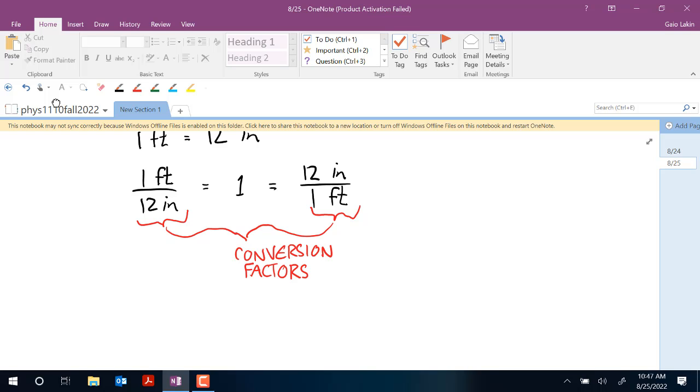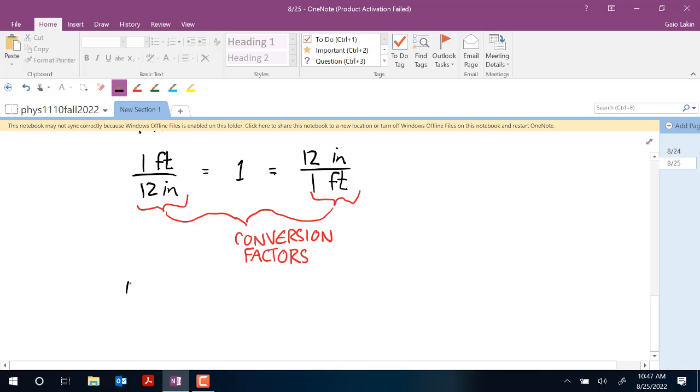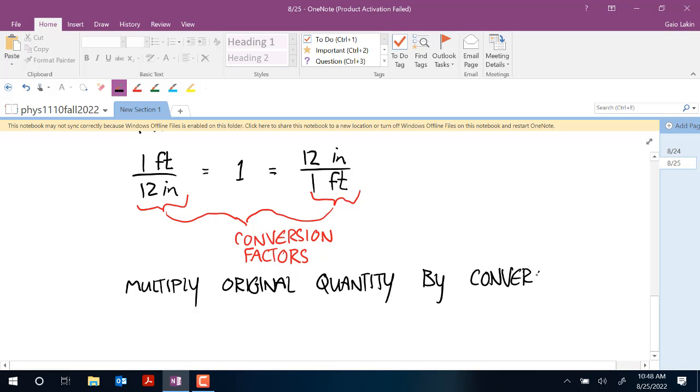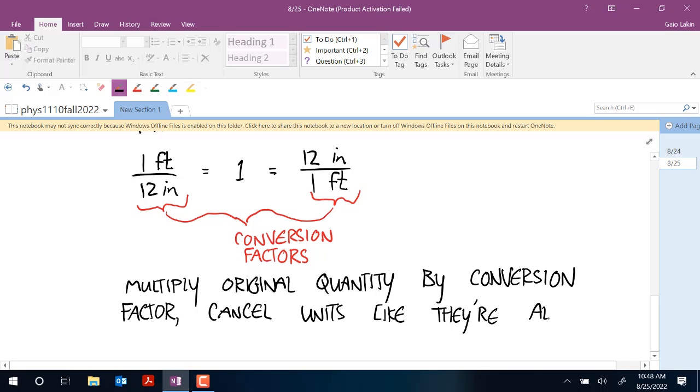And so what we're going to do is multiply the original quantity by the conversion factor, and then cancel any units as if they're algebraic variables.